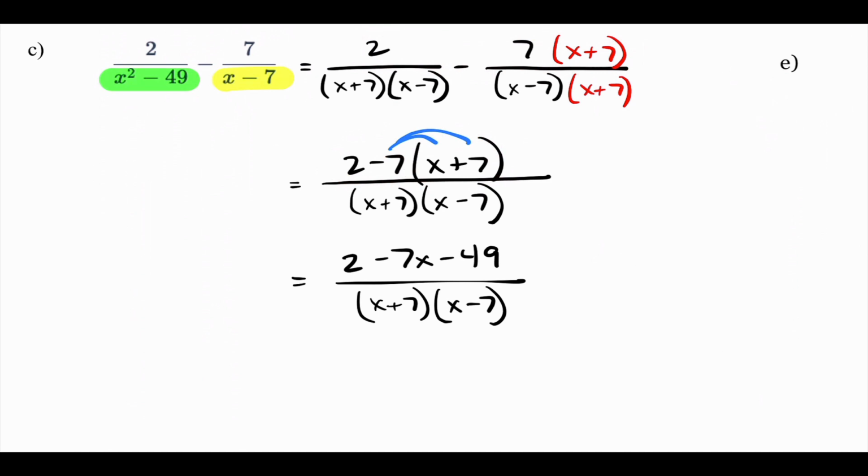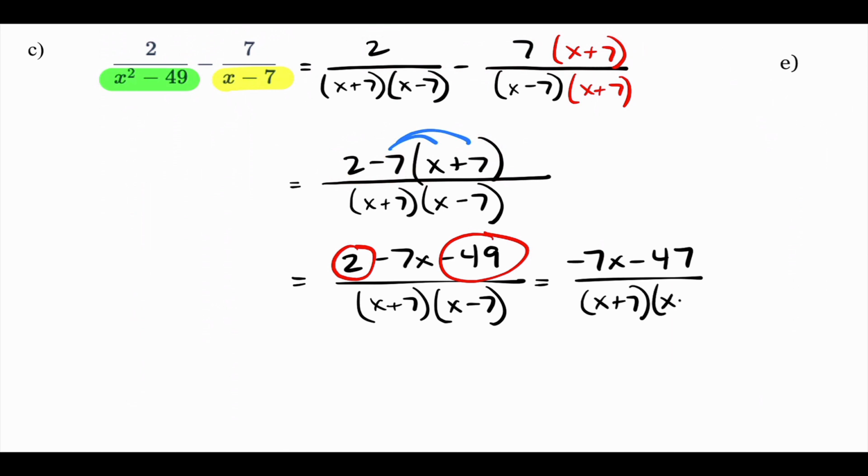Now all of the multiplication's done. So now I can combine like terms. Combine the 2 and the negative 49. You get negative 7x minus 47. And then you get x plus 7 on the bottom, x minus 7 on the bottom. Done.